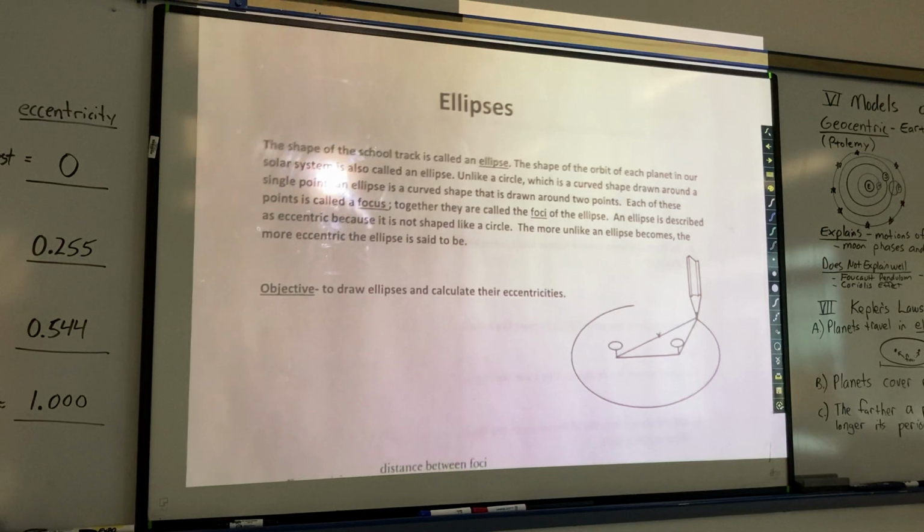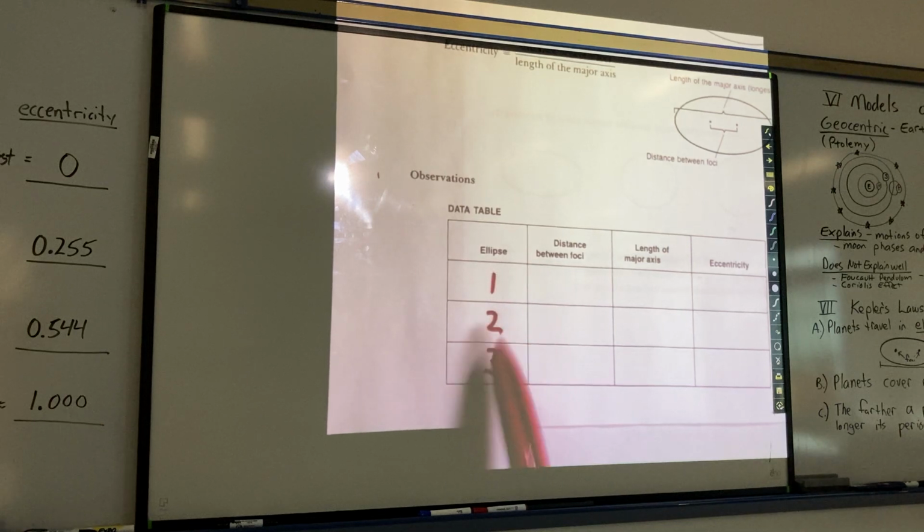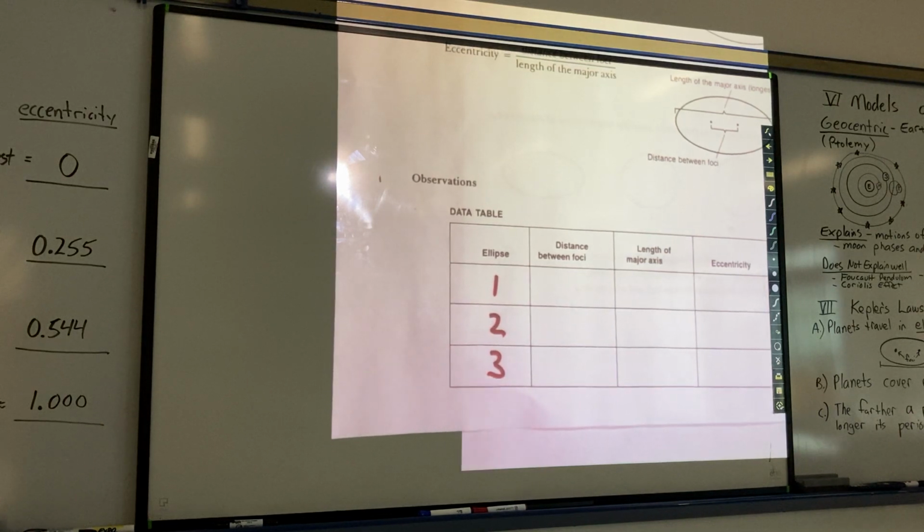All right, so we're going to do 3 ellipses. So ellipse 1, ellipse 2, and ellipse 3.